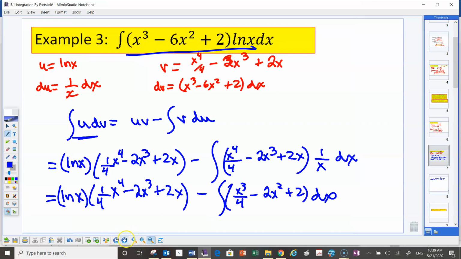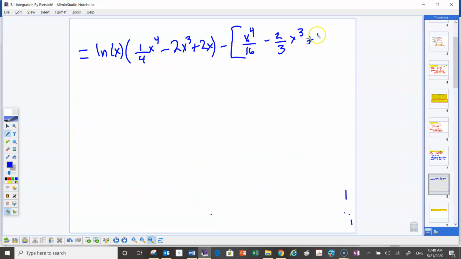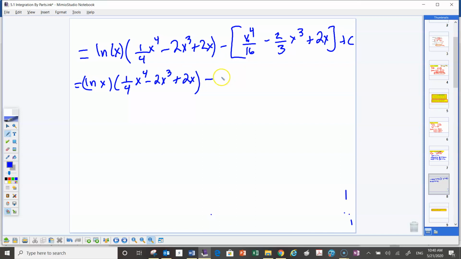And the integral of 2 would be 2x. I have my constant. So now I can just distribute my negative sign from here to get ln x times 1/4 x to the 4th minus 2x cubed plus 2x minus x to the 4th over 16 plus 2x cubed over 3 minus 2x plus a constant. And that would be my final answer.